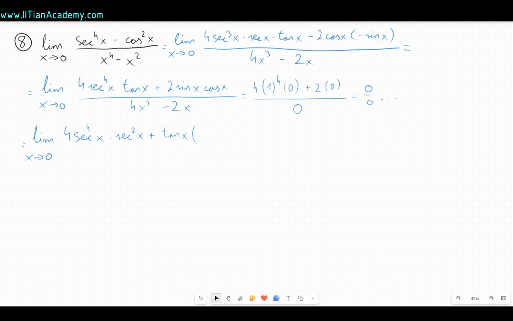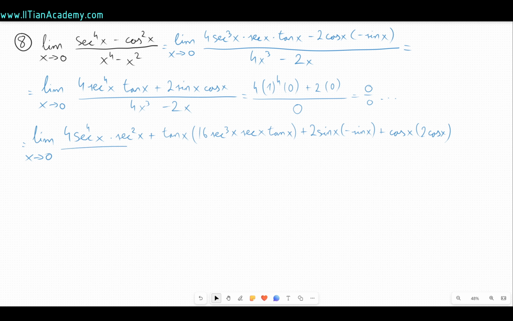Here I didn't write big brackets, but we can just do 4 times 4 then, so 16, and then again secant cubed x, and then the derivative of secant is secant x times tangent x, and then we add the derivative of the second part. This is also going to be a product rule, so 2 sine x times minus sine x, and then we take the derivative of the first one, so cosine x times 2 cosine x.